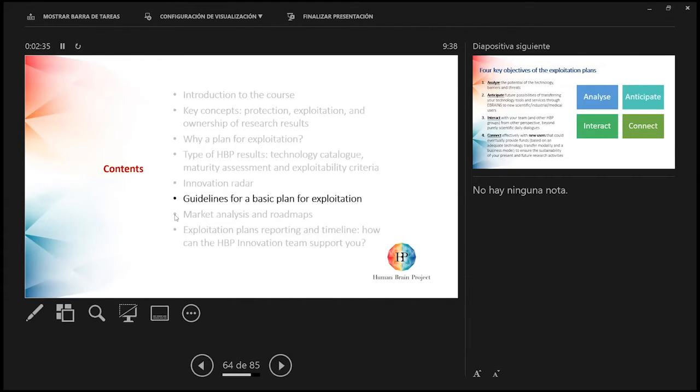And finally we explained a little bit about the Innovation Radar initiative of the Commission, which is information that we normally request at the end of the different phases in HBP. So the next time will be at the end of GA3.